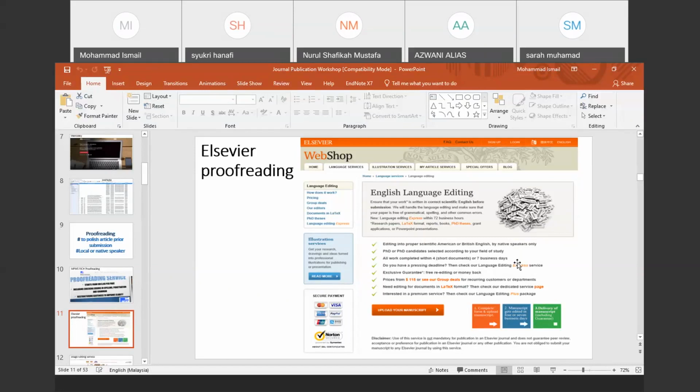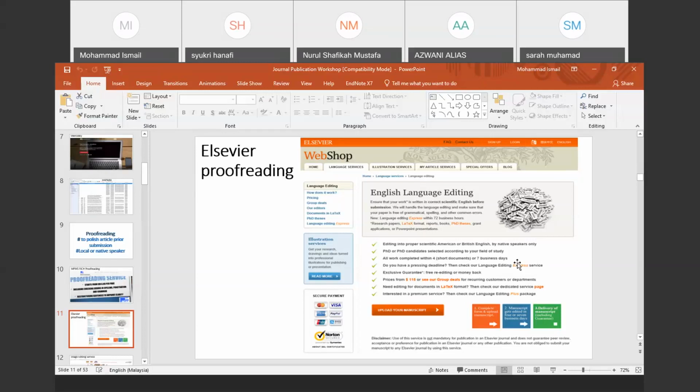And actually for the proofreader, maybe someone thinks, why not send our manuscript to an English teacher, a TESOL lecturer? It is different, actually. From my experience, I did my PhD in Australia, University of Wollongong. In our institute there was a research fellow, Dr. I forgot her name, but she is a research fellow in our institute.